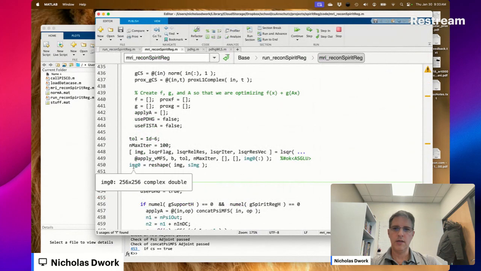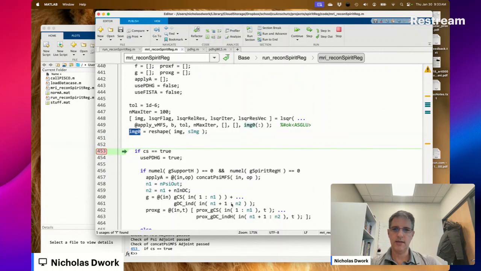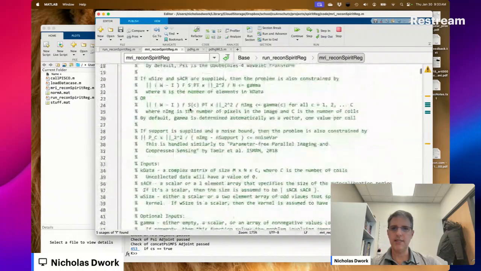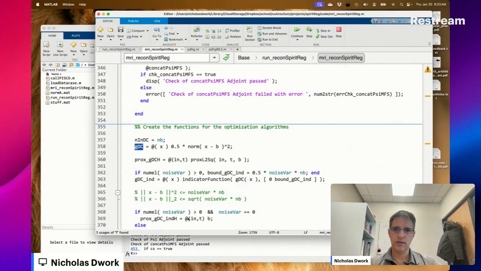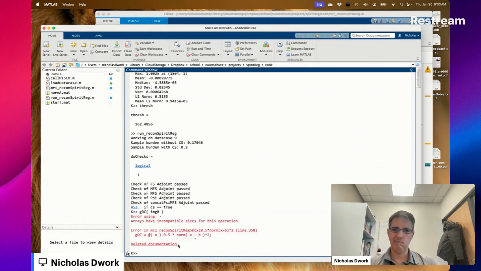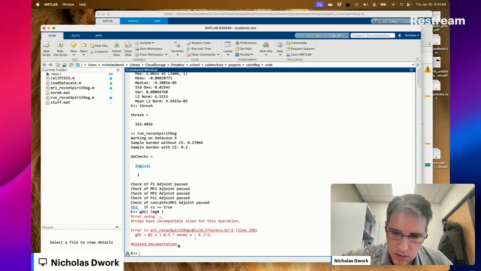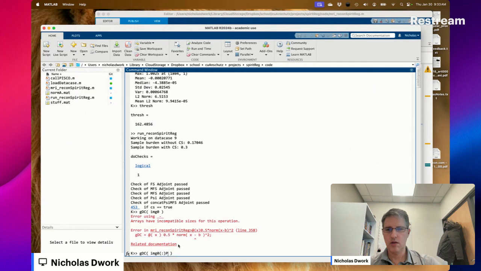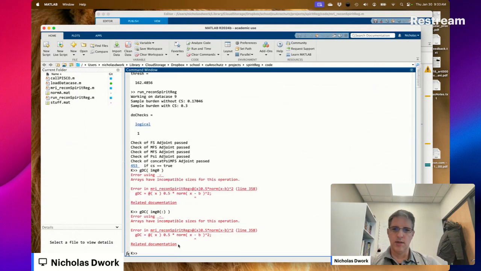Okay. This is image 0, right? So what is GDC of image 0? Oh, right.